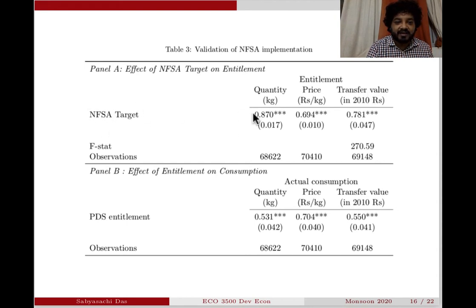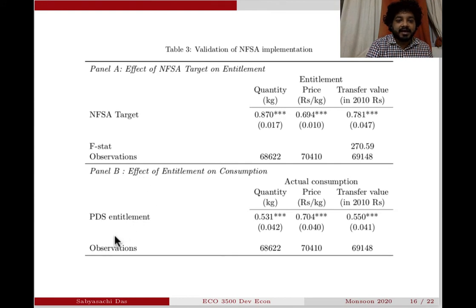So the target value or the simulated value predicts the actual value, right? If you look at column 3, if the targeted value of transfer increases by 1 rupee, the actual transfer also increases by 0.78 rupees. Okay, so they are positively correlated. That is the first stage, so to speak.